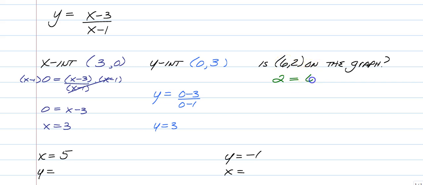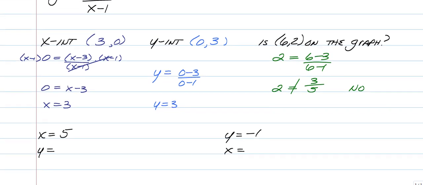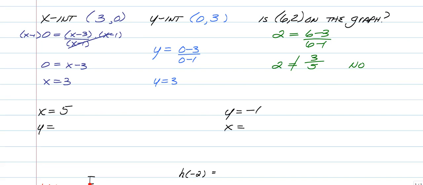So we have (6 minus 3) over (6 minus 1). So 2, is that equal to 6 minus 3, which is 3, over 6 minus 1, which is 5? No, that is not the case. That's a false statement. So no, (6, 2) is not on the graph. Okay, so those are how you do some of those types of questions.